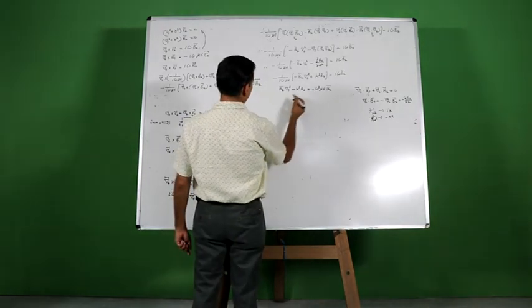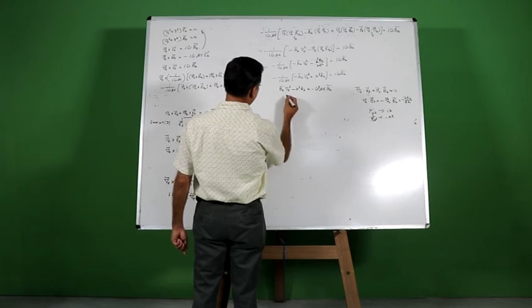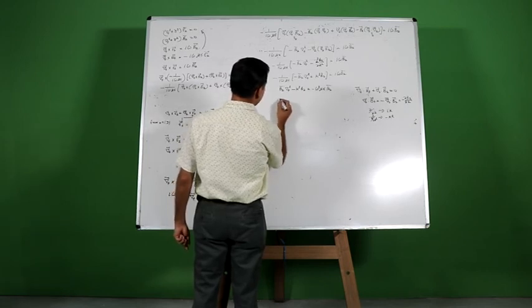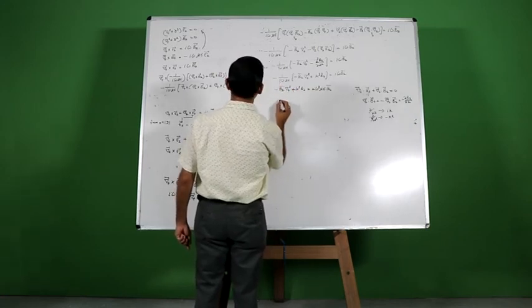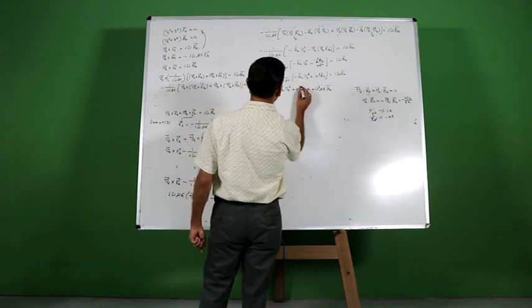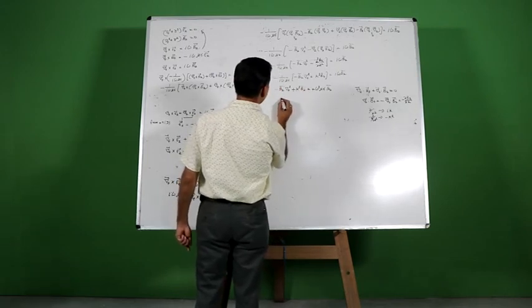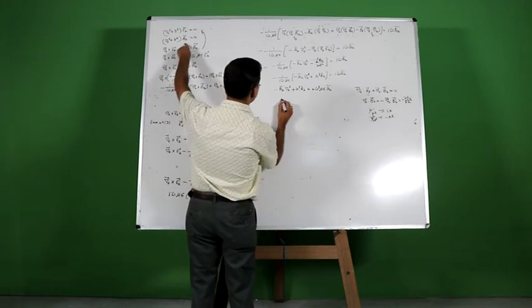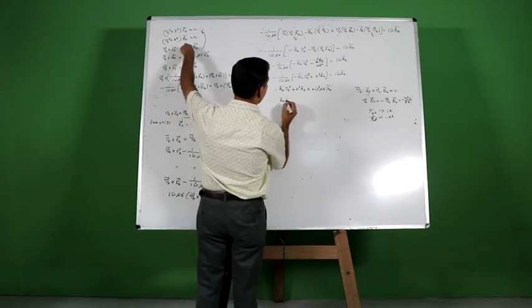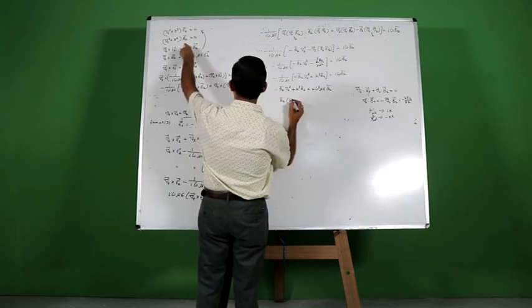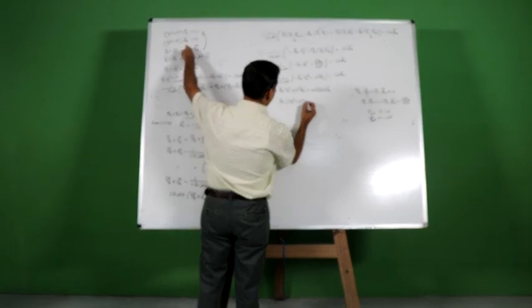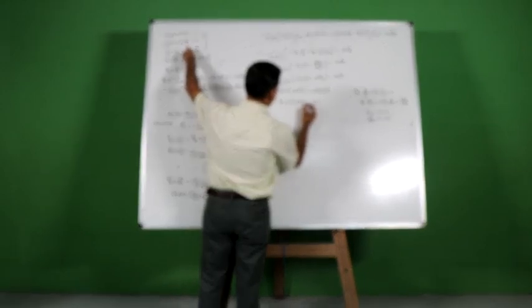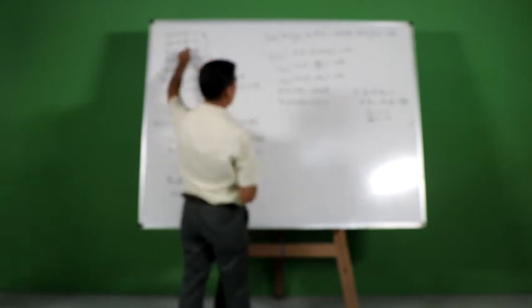Taking Vz common, we get del t square plus omega square mu epsilon minus k square is equal to 0.